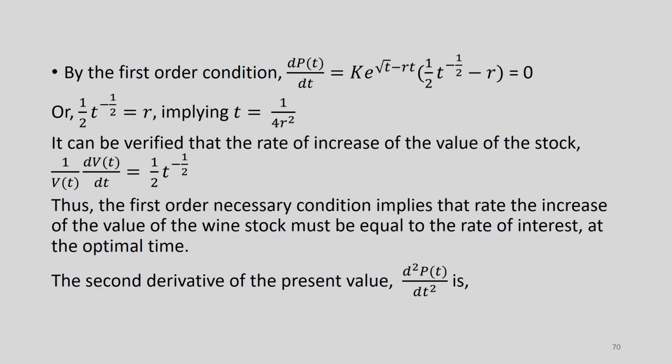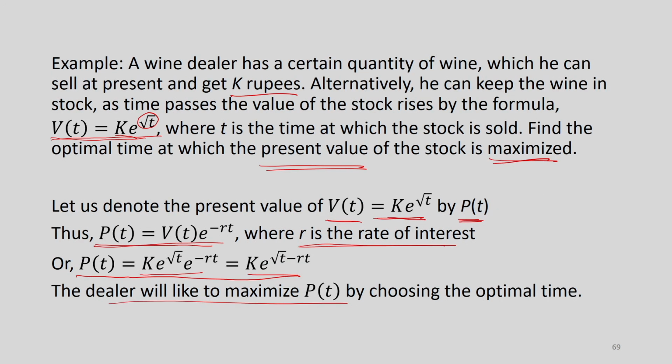Now, how do we solve it by the usual method? We first use the first order condition. So, I take the derivative of the Pt with respect to time, and this is what I shall get, because Pt is equal to this.